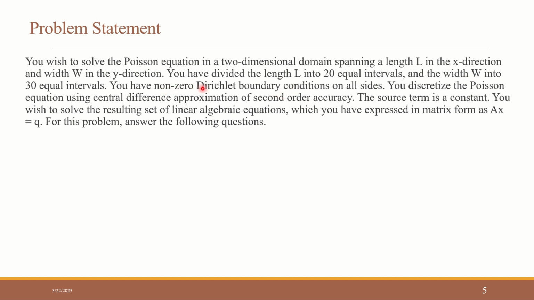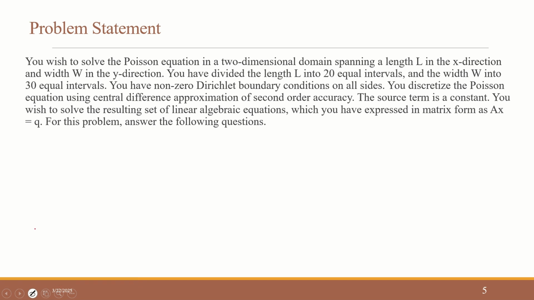You have non-zero Dirichlet boundary condition on all sides. You discretize the Poisson equation using central difference approximation of second order accuracy. The source term is a constant. You wish to solve the resulting set of linear algebraic equations which you have expressed in matrix form as Ax is equal to Q. For this problem, answer the following questions.